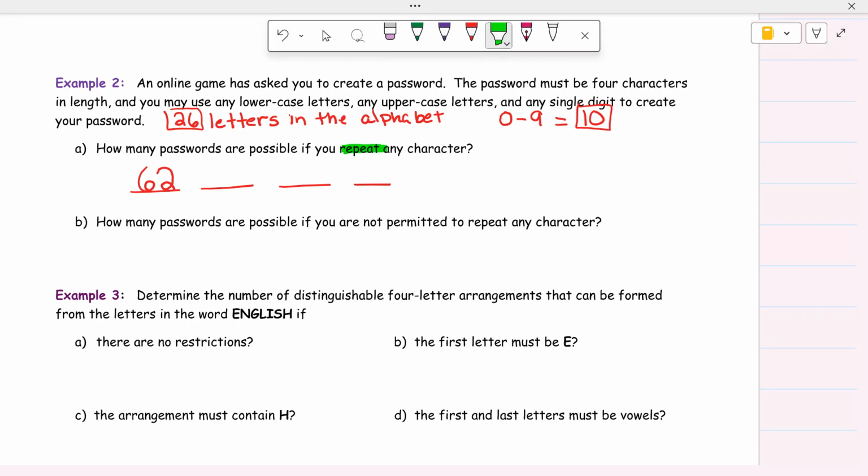Okay, but I have no restrictions. So 62 times what? 62. Exactly. So 62 times 62. And if you know they're repeating, could you actually bypass this and just say? Exactly, 62 to the power 4.